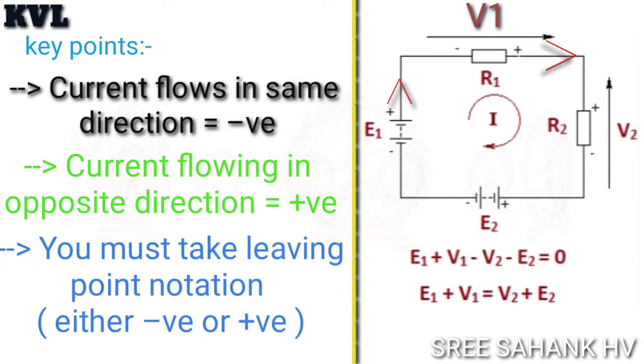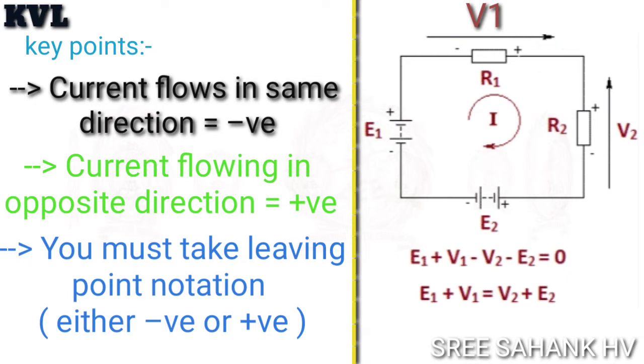And you must take the leaving point notation. That is, at E1 current is leaving, so it is taken positive. At R1 current is leaving with positive notation, so we take positive.